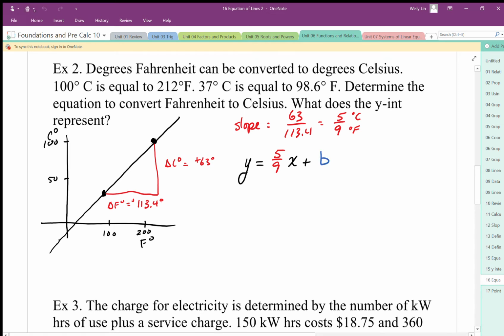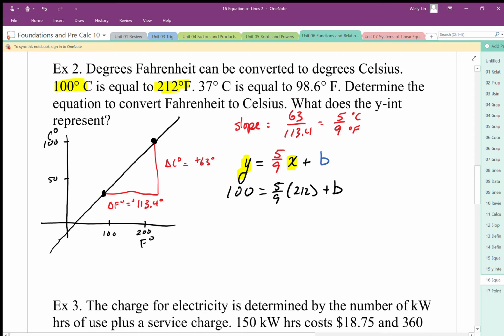I'm going to plug in an x and y pair. In this case, I'm going to use my whole number pair here for my x and y, and then that allows me to solve for b. I just have to be careful. My independent, or my x, is going to be my degrees Fahrenheit. So I'm going to end up with 212 degrees Fahrenheit gets converted to 100 degrees Celsius.